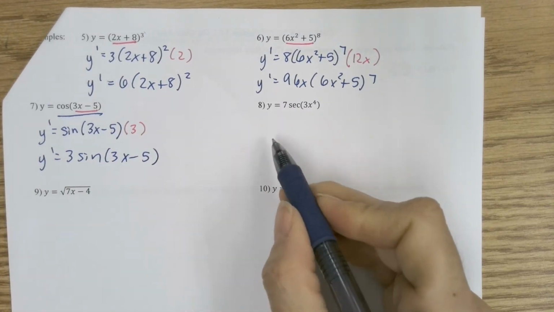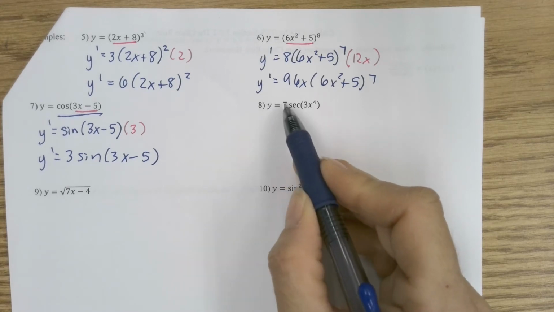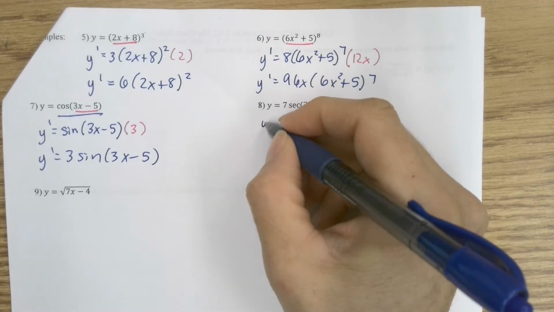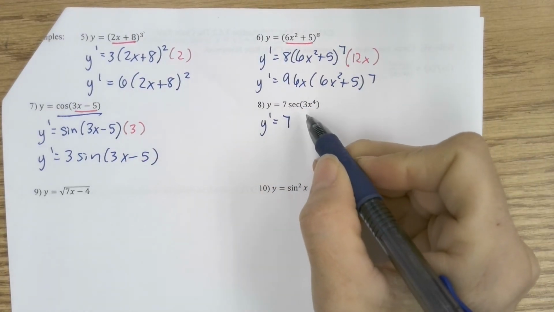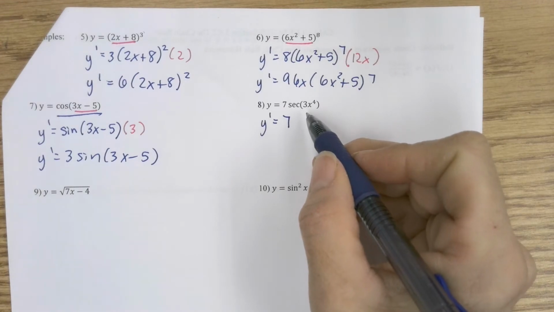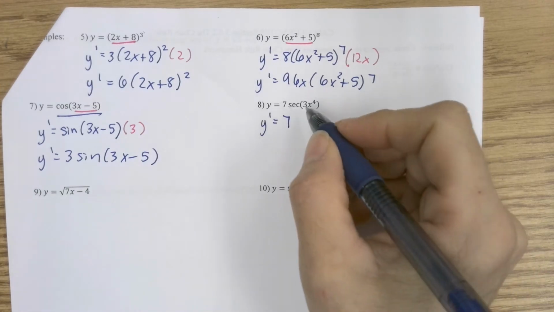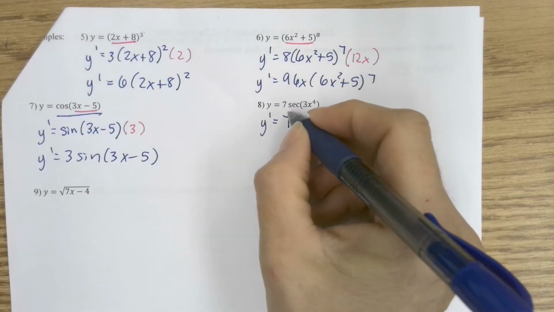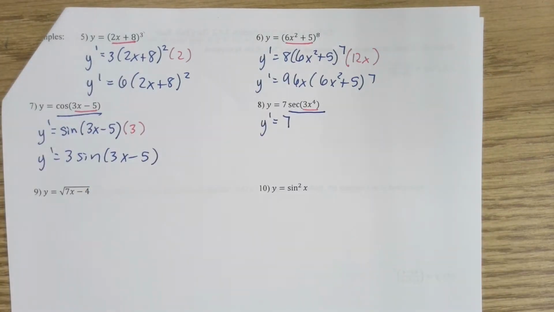Take a look at an example like number 8. On number 8, first thing, a coefficient can just carry down, just like it always does. The derivative of secant x is secant x tangent x. So the important thing is that the angle stays the same when we take the derivative of secant. My outer function is the secant, my inner function is the 3x to the 4th.